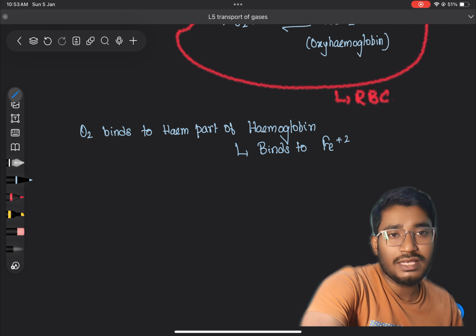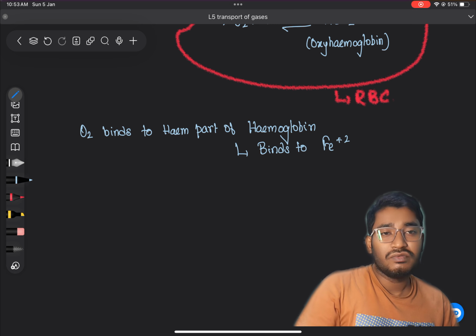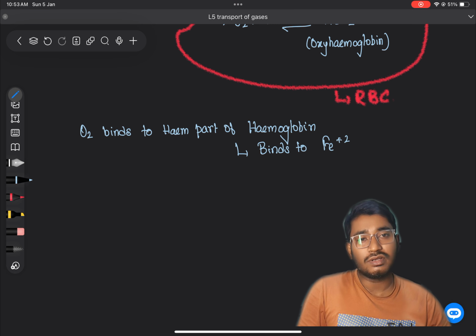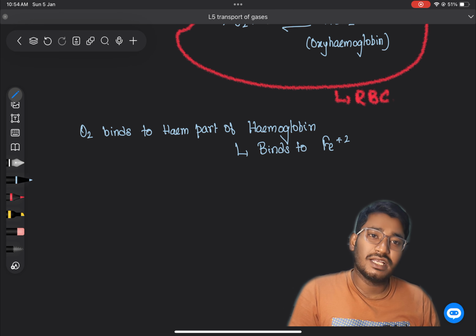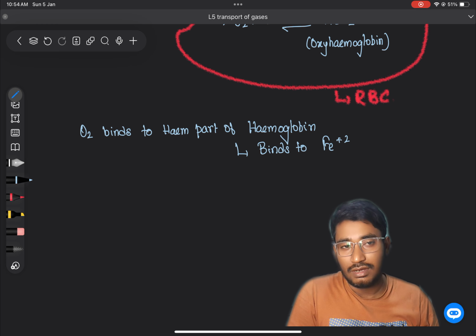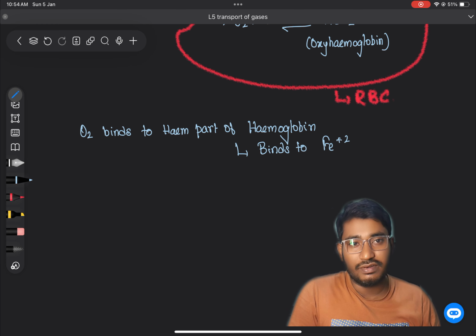So in anemic patients we also find oxygen deficiency, because oxygen binds to the iron part of the hemoglobin. If the iron part is deficient, the oxygen carrying capacity of that person goes down. So we need to treat the anemia first.